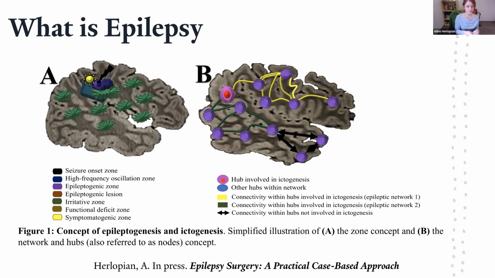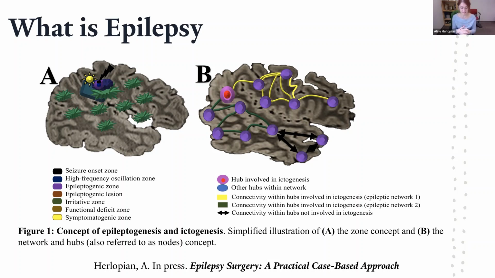In the past, we used to think that there is a hypothetical zone that you have to resect enough tissue from, that epileptogenic zone, for you to attain seizure freedom. This zone includes, in addition, the symptomatogenic zone, which causes the symptoms, the ictal semiology. You have the epileptogenic lesion, and also the focus where the seizure started from.